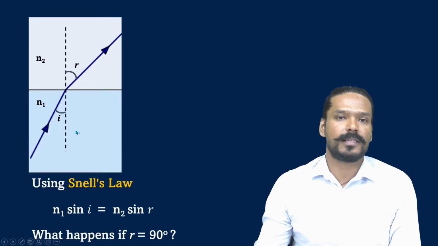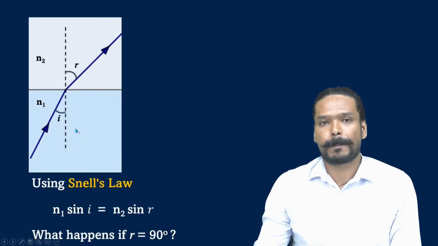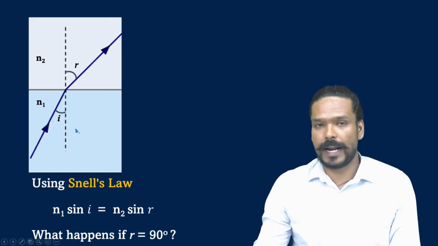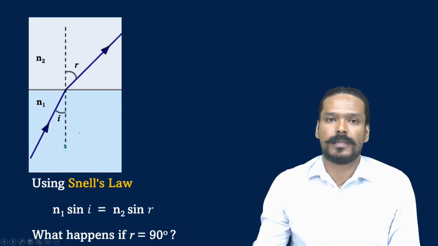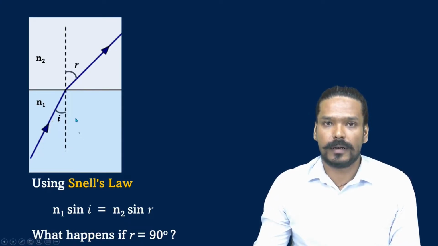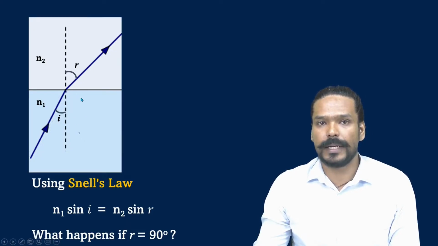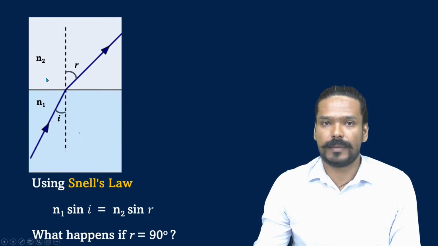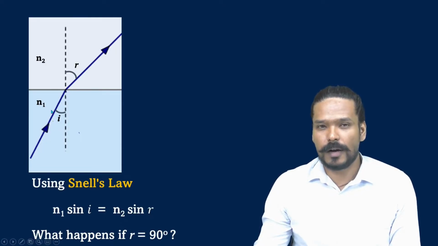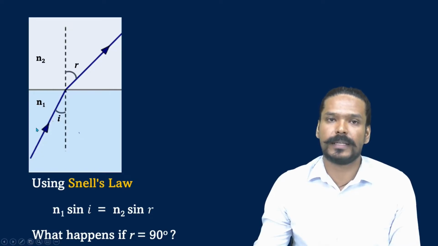Now, let's see a relationship between critical angle and refractive index. So now here you have two media. So this is medium 1 and this is medium 2. Let us say the absolute refractive index of medium 1 is N1 and medium 2 is N2.